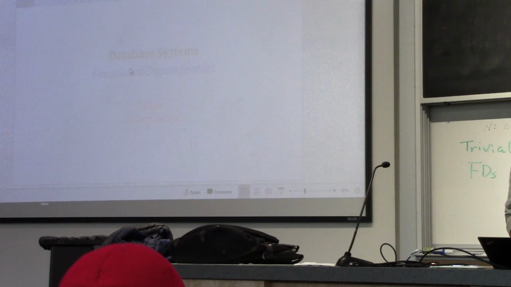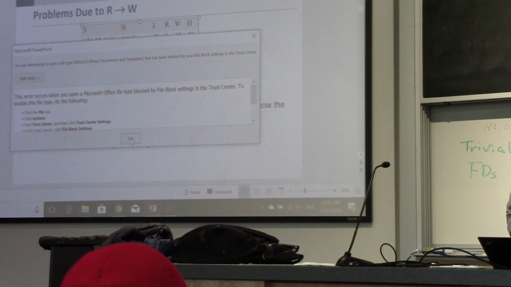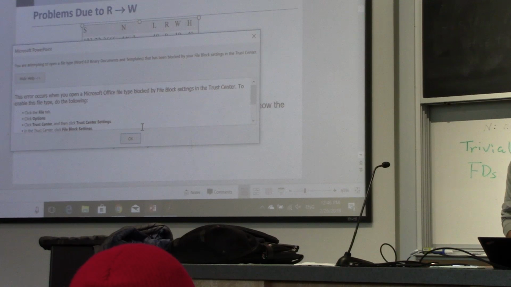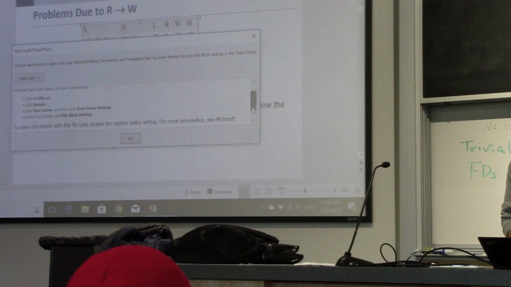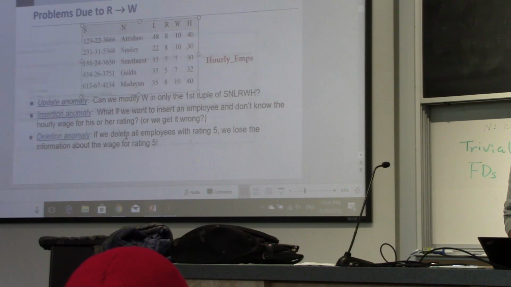By the way, before I show you the next slide, is it okay for me to do something like this? If I have rating determines wage, why can't I change this?